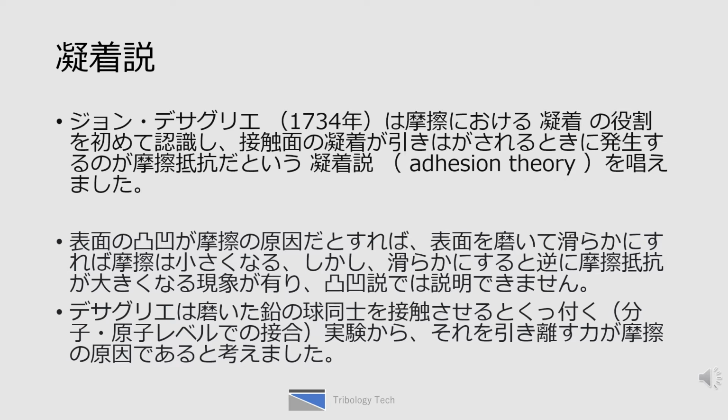However, if it is smoothed, there is a phenomenon in which frictional resistance increases. It cannot be explained by the unevenness theory. Desaguliers believed that the force that separates polished lead (Pb) balls, from experiments bonding at the molecular and atomic level and sticking when they come into contact with each other, is the cause of friction.